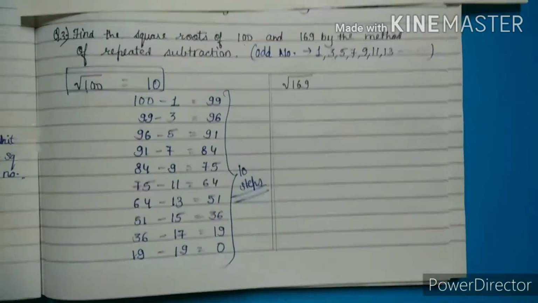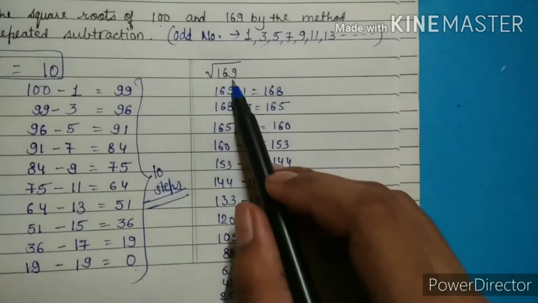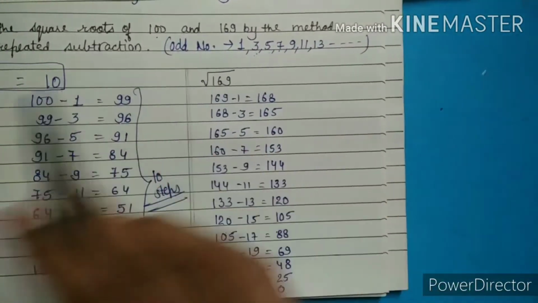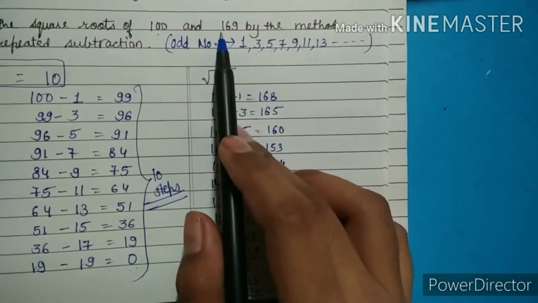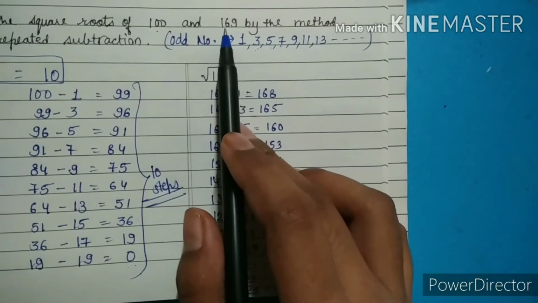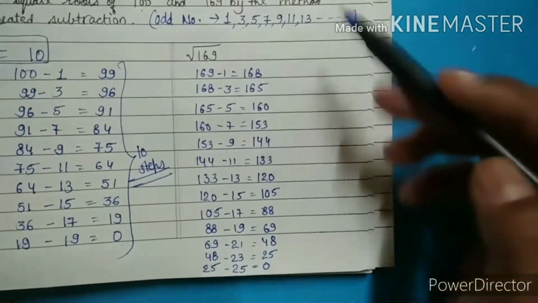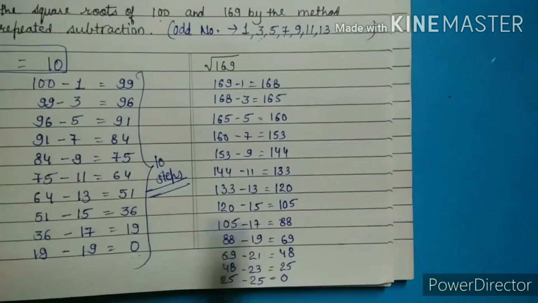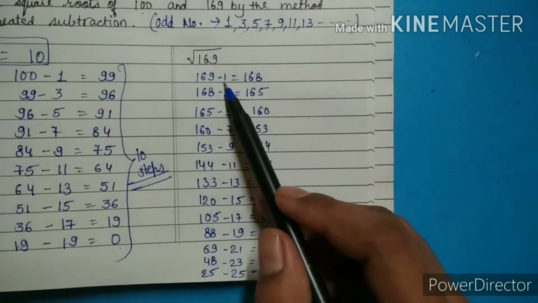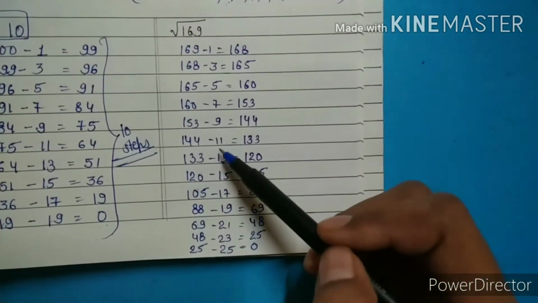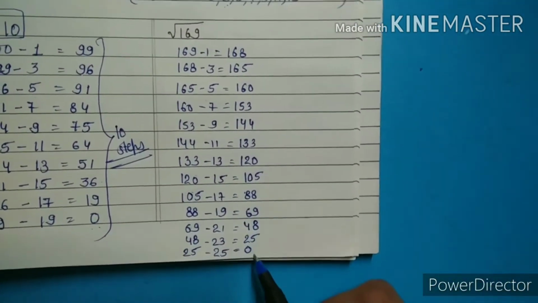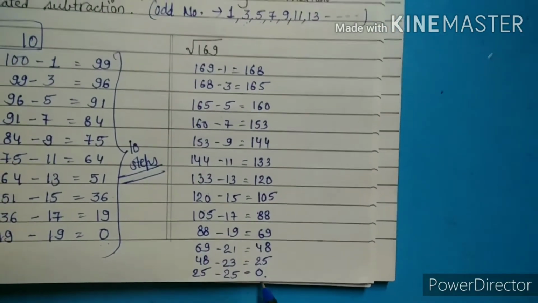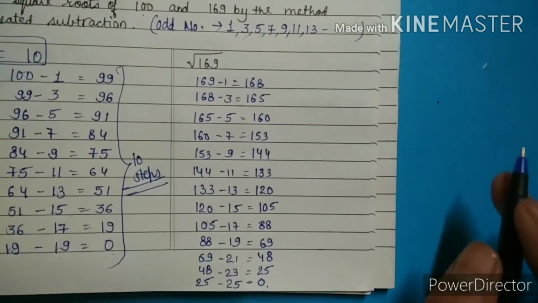Now for the square root of 169, we can use the same method that we saw for 100. Firstly we start from 1 and continue until we get 0. Here we get 0, which means 169 is a perfect square.